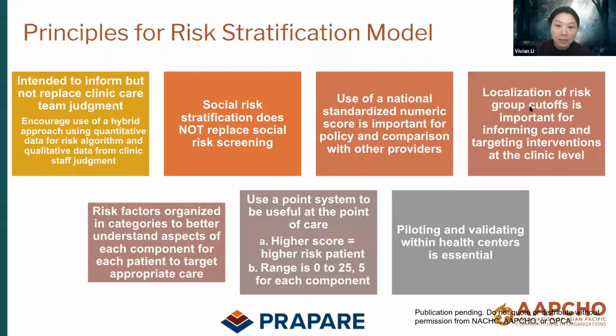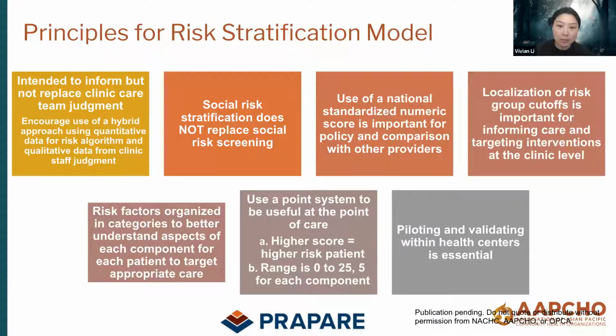We also emphasized the need for the local clinics to decide on the risk group cutoffs based on their own clinic or community resources. And in the algorithm and the visualization, the participants also wanted the 4 components of the model to be organized in categories to better understand aspects of each component for each patient to target appropriate care.